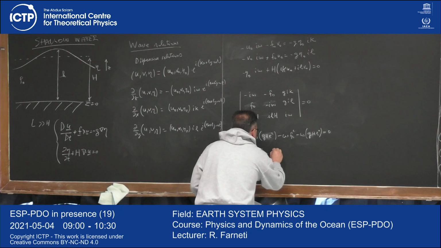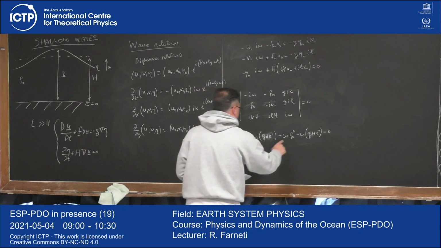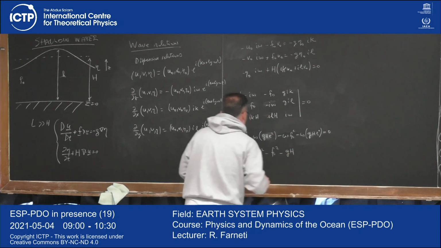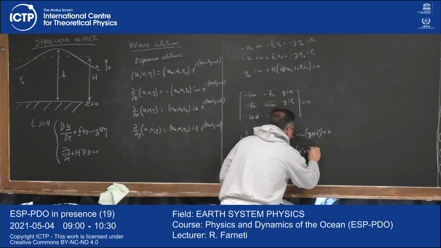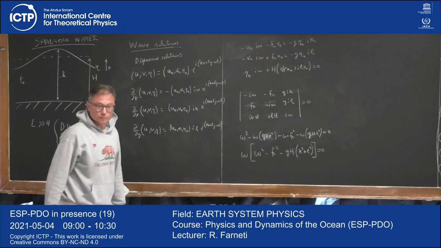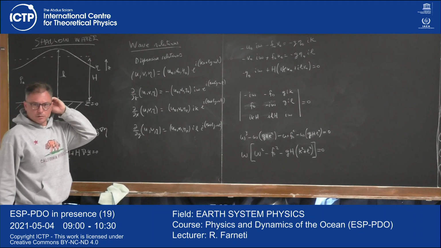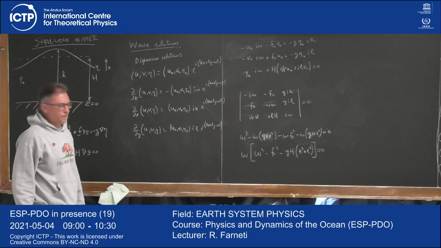This is omega squared minus f naught squared minus gh times k squared plus l squared equal to 0. You have substituted in place of the Lagrangian derivative now just the time derivative because the perturbation gives rise to second order.